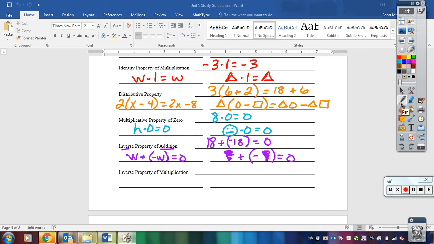And the multiplicative inverse is similar, a little bit trickier. What can you multiply by that is the reverse? Let's start with a number. Let's do 18 again. 18 times what? Well, that's where we start talking about reciprocals. That's 1/18. Flip it upside down. That's 1. Let's do a little bit trickier with variables. Let's say h over g. What could I multiply by? Again, the reciprocal, g over h.